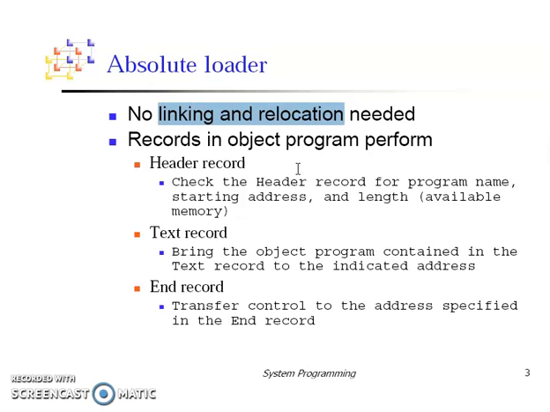The records in the object program can be represented as a header record, text record and end record. The loader makes use of the header record to check the name of the program, the starting address and the length available in memory. The text record brings the object program contained in it to a particular address.